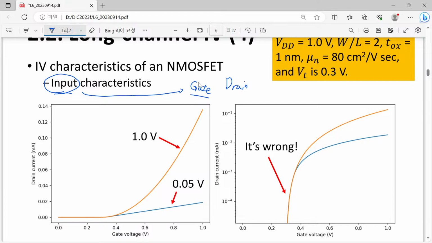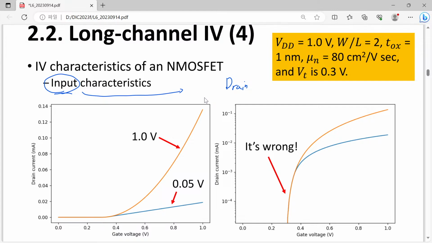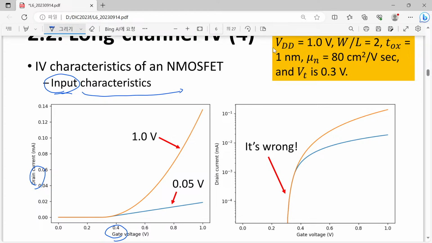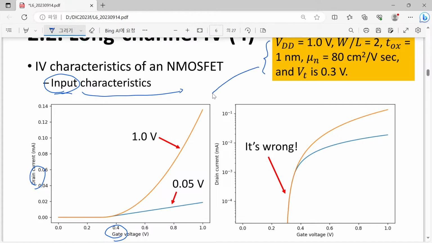So input characteristics simply means what happens if we change the input voltage, in other words the gate voltage. Here we have gate voltage as a variable, and then we measure the drain current.